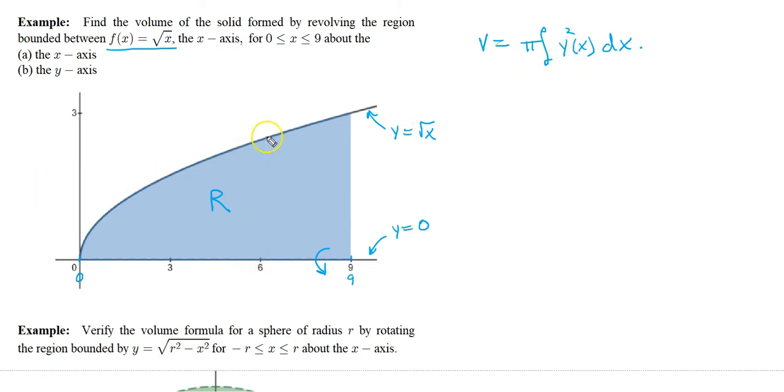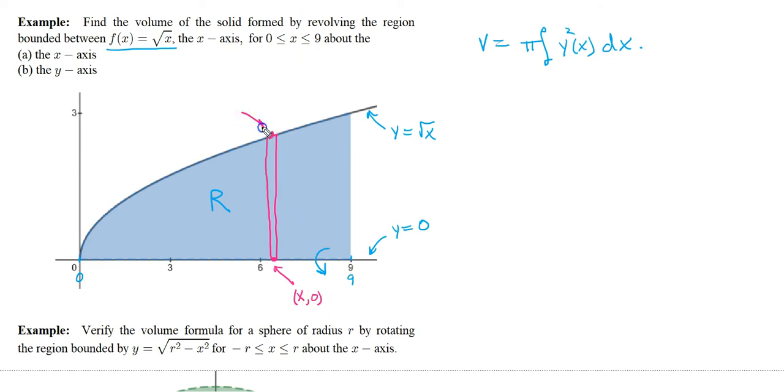If we were to draw a little rectangle like this, perpendicular to your axis of rotation, the outer radius, this distance from here to here, is y, and so y squared. The inner radius, you'll notice, is always 0. For example, that point right there is x comma 0, and so we just get the inner radius being 0 squared.